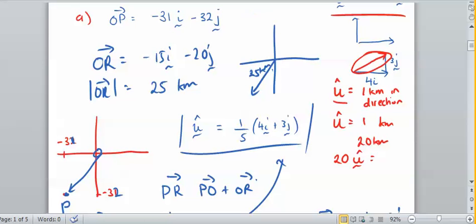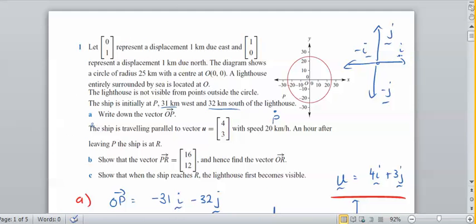Now, it says here that when the ship reaches R, it is 25 kilometres from the lighthouse, and therefore the lighthouse is visible from the ship. Well, let's have a look. This is its circle of radius 25. The diagram shows a circle of radius 25, a lighthouse entirely surrounded by the seas.